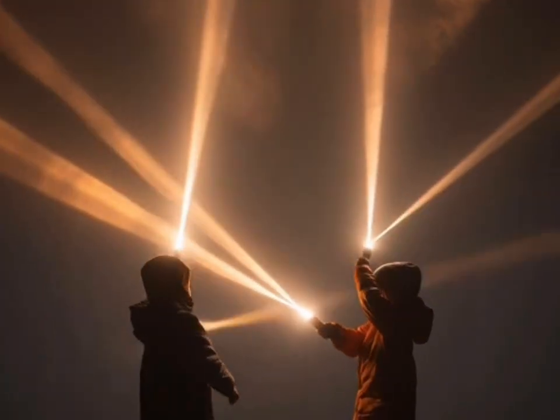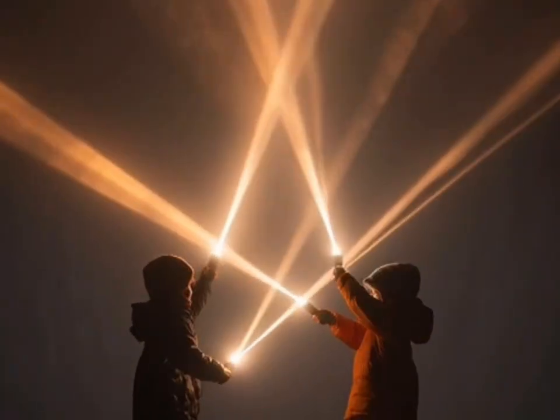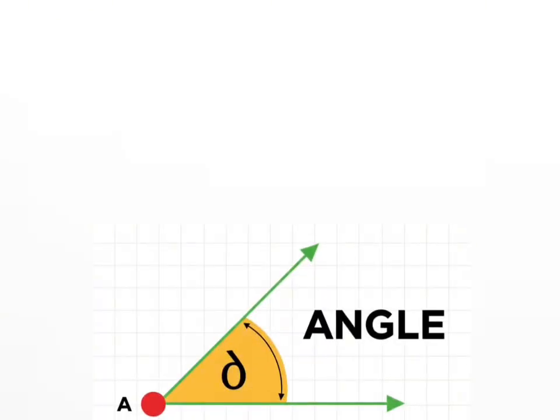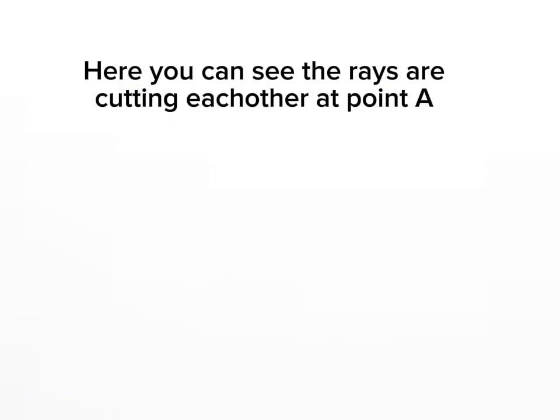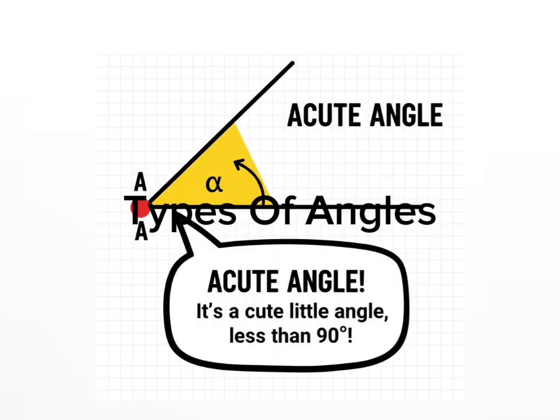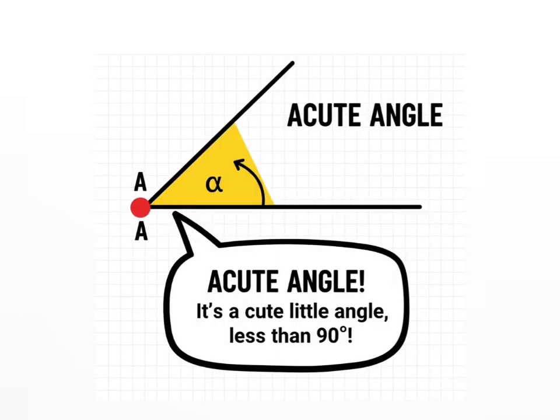Now let's talk about angles. When rays cut each other, it is called an angle. The point where these rays cut each other is point A. The angle is formed at exactly the same point where the rays are cutting each other. There are types of angles, like acute angle.